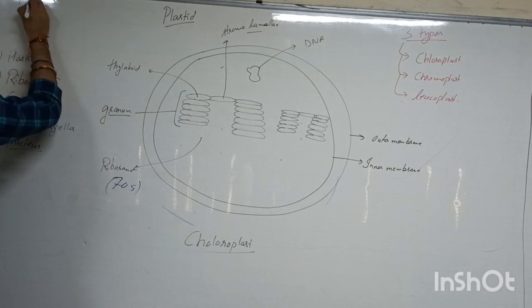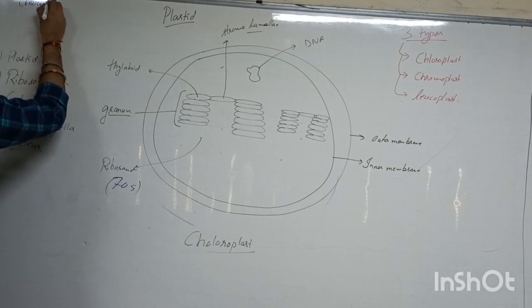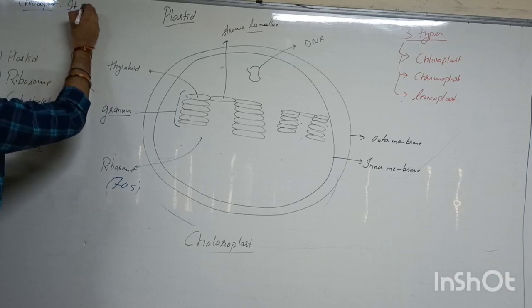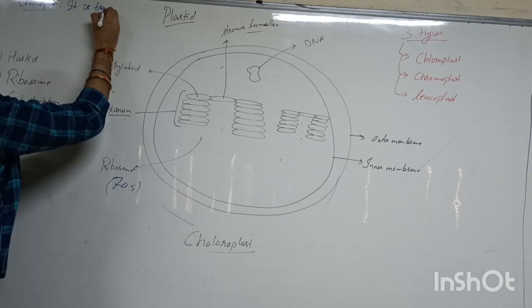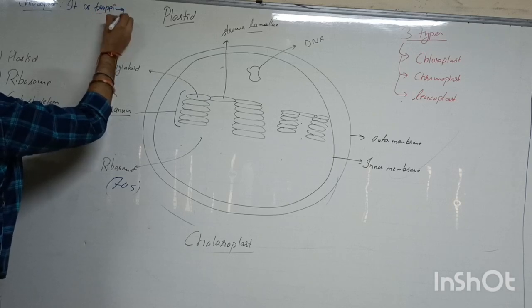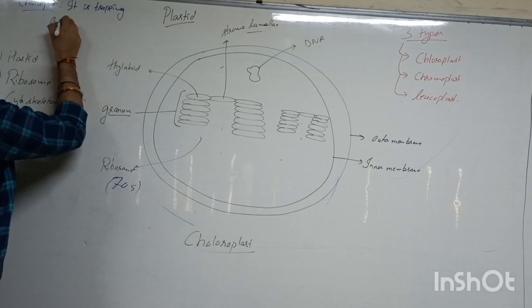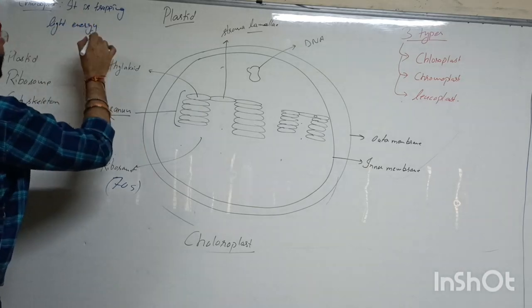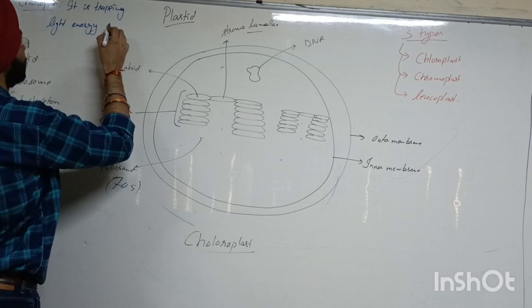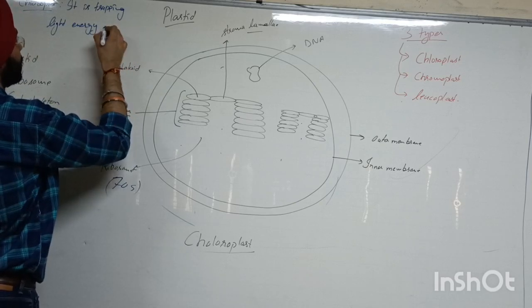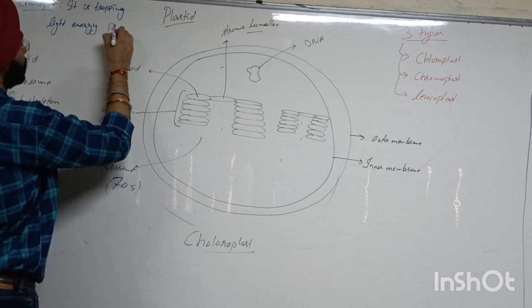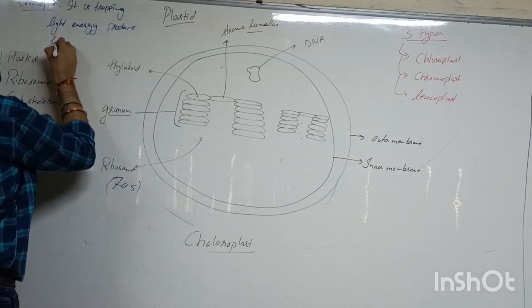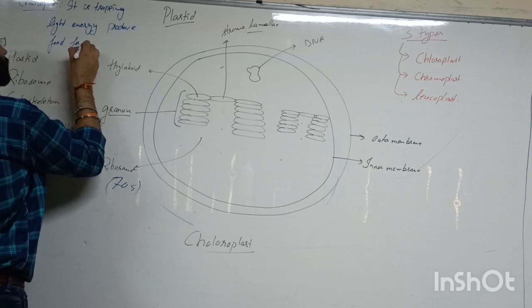So the function of chloroplast is it helps in trapping light energy and producing food for plants.